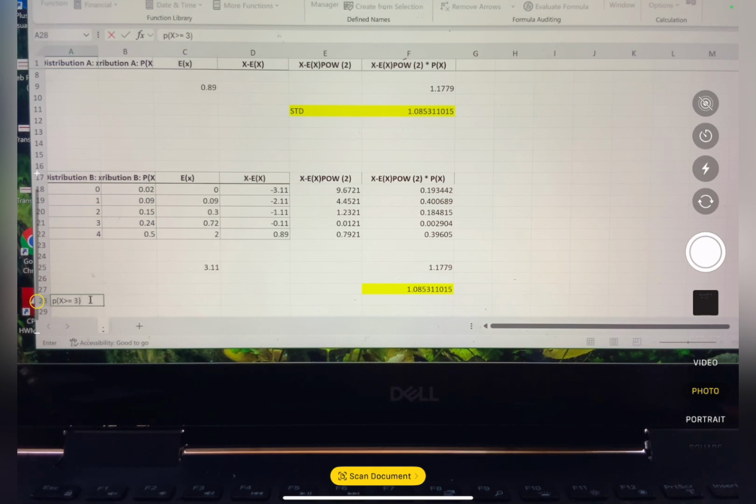It's going to be the probability of 3 and then plus the probability of 4. Okay, this small letter p also.